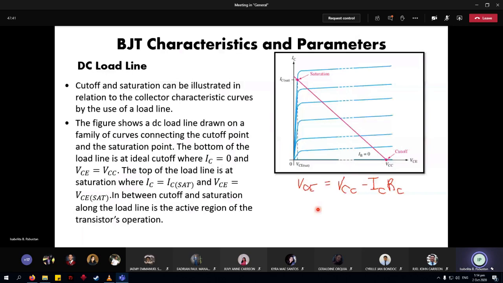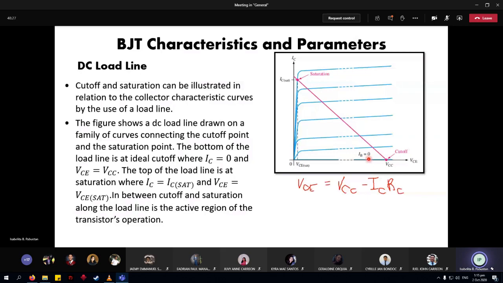You just project the IC sat downwards, and that will be your VCE sat. So in between the cutoff and saturation, along the load line, is the active region of the transistor's operation. In between this and this will be your active region.